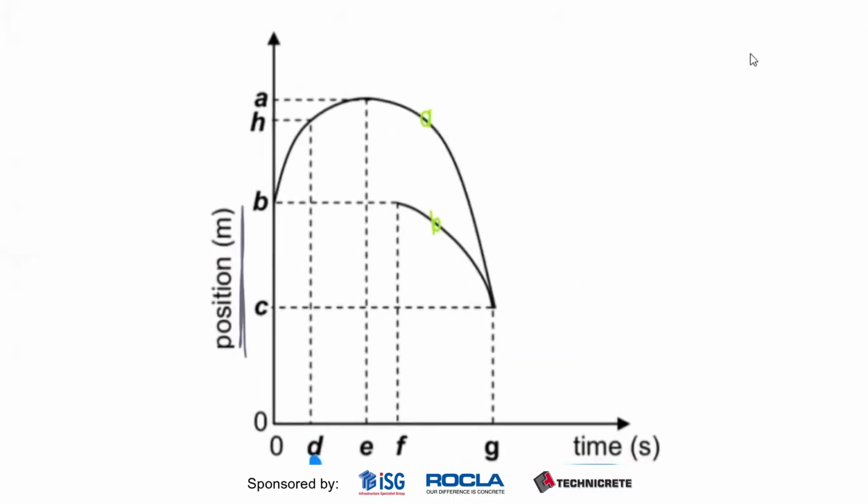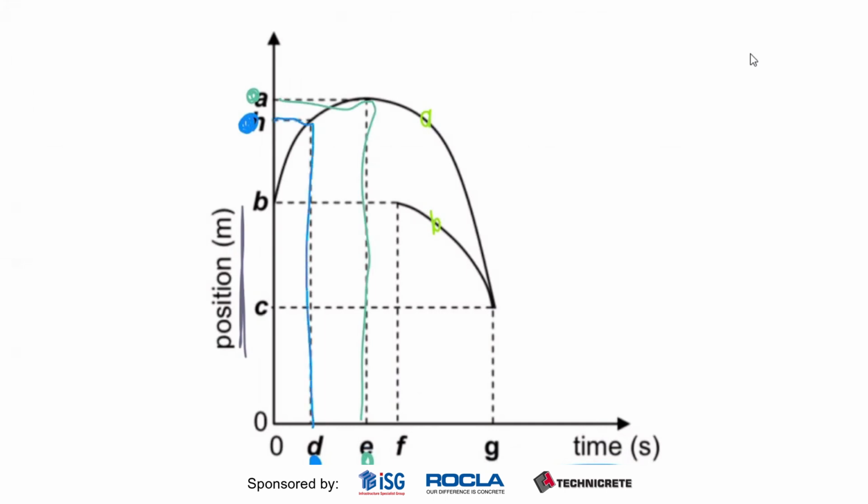From this graph, we can tell that at time D, stone A is at height H. At time E, stone A is at a height of A. We can see like this, it goes nicely.